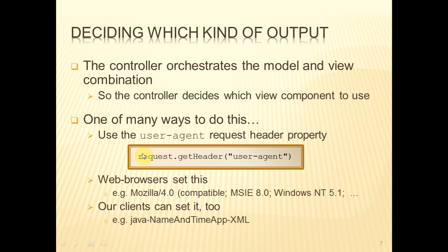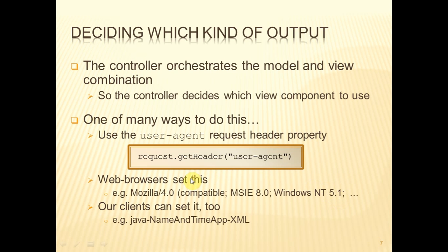We can see what the user agent is by calling request.getHeader and passing in the name of the property of the header, in this case user agent. That will return a string that gives us the user agent information that the client has set. Web browsers do this all the time, and for example, you might end up with a string that looks like this. And that tells you what kind of web browser you've got, and so on.